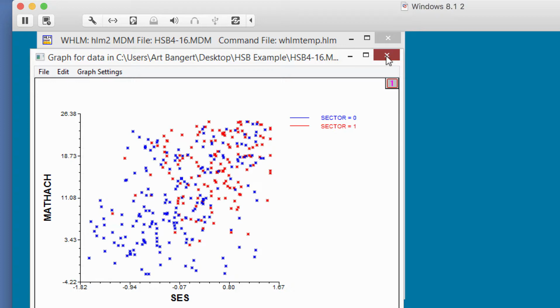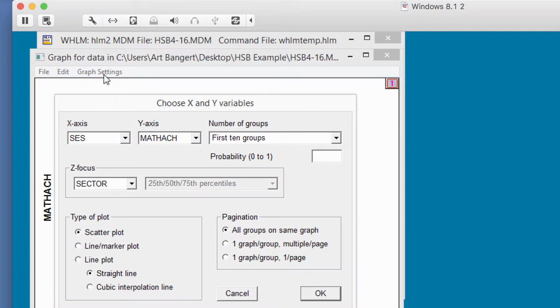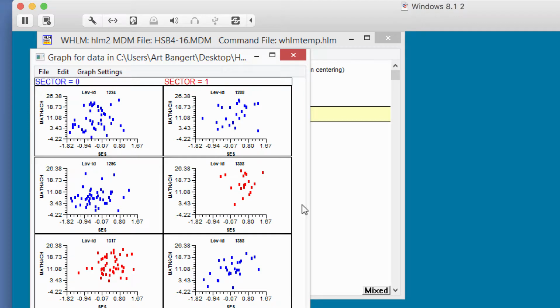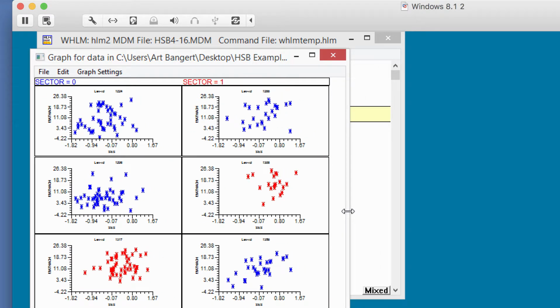The other thing that we can look at is individual schools. I'm just going to use the first 10 schools to do that, and I can go OK. This highlights the public schools versus the Catholic schools, and it also allows me to get an idea of the relationship between SES and math achievement for each of these schools.